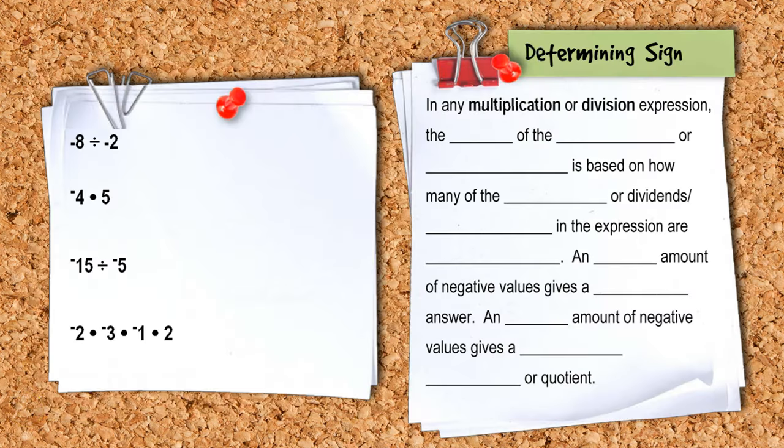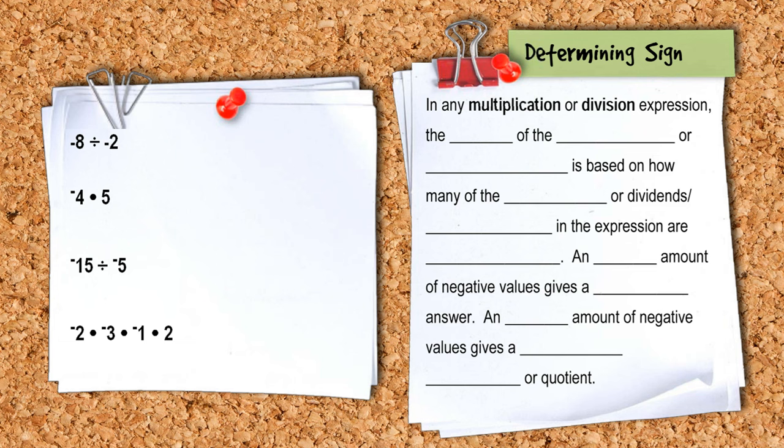We usually would think of multiplication and division as being more challenging because we learn it after addition and subtraction. But luckily, when it comes to determining the sign of multiplication and division problems, it's a lot simpler. The rules are much more straightforward.